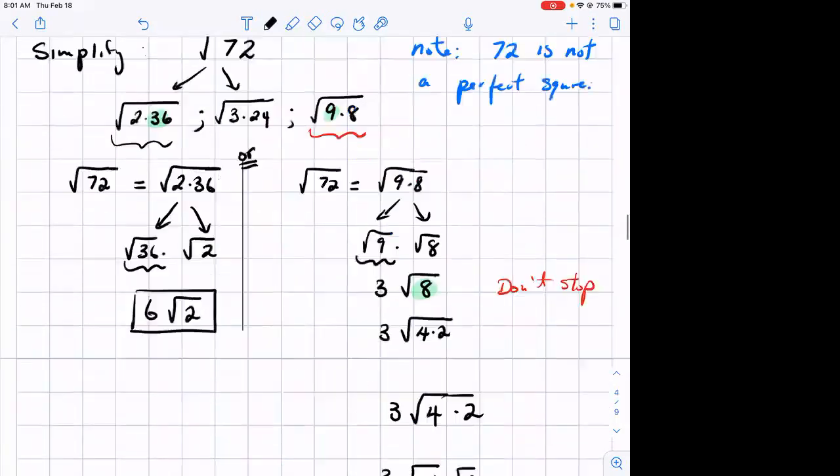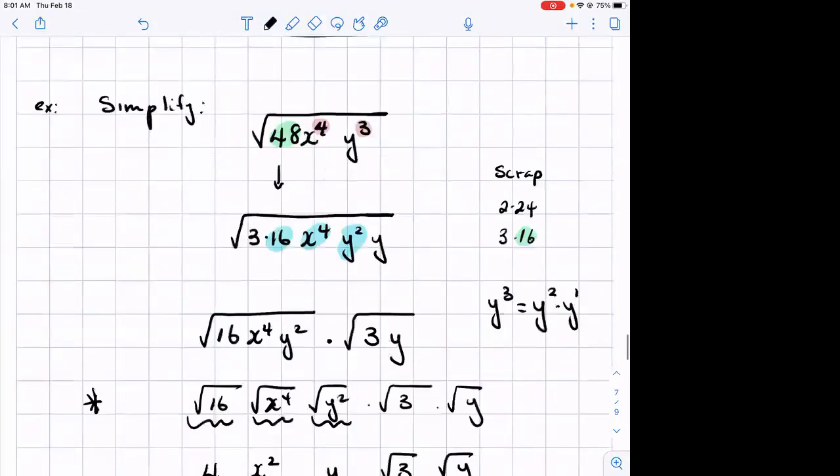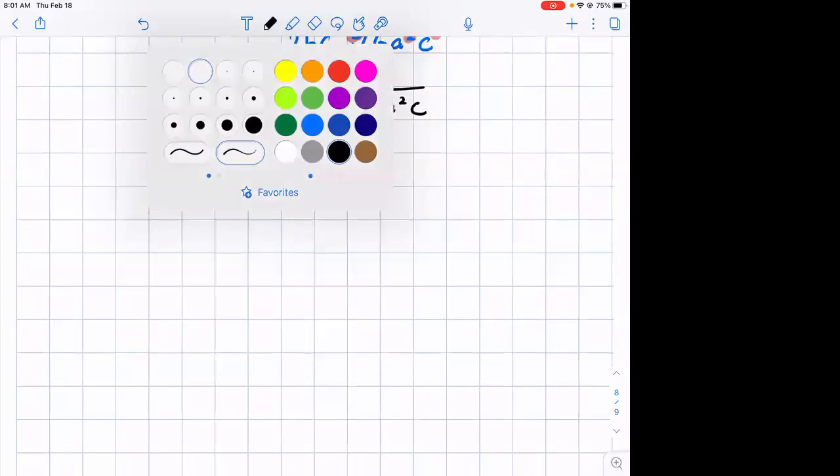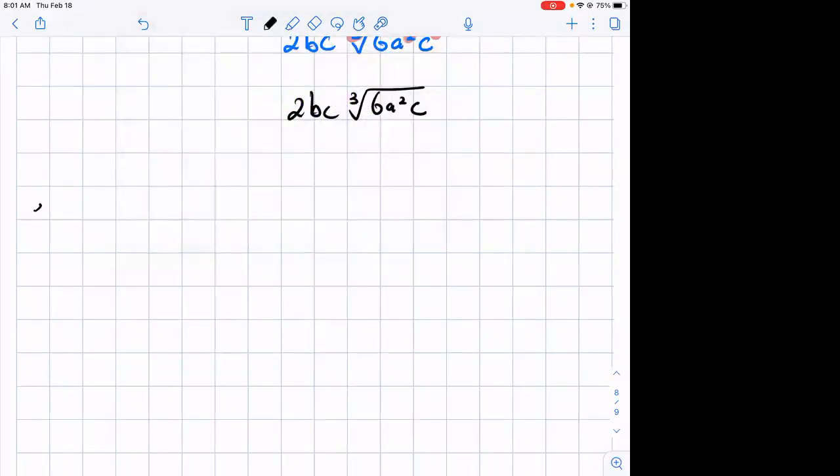We only looked at multiplication. So what happens when the radicand is a ratio? So, simplify the root of 3 over 4.